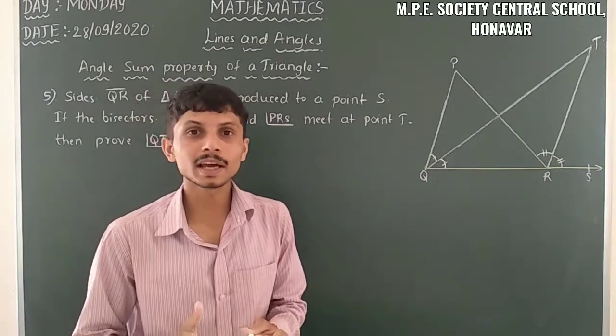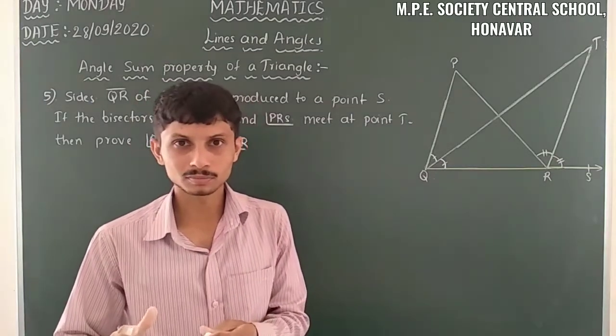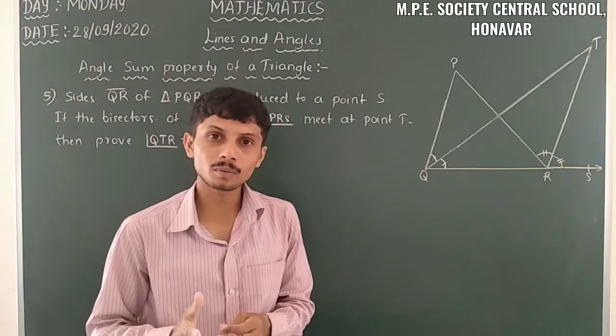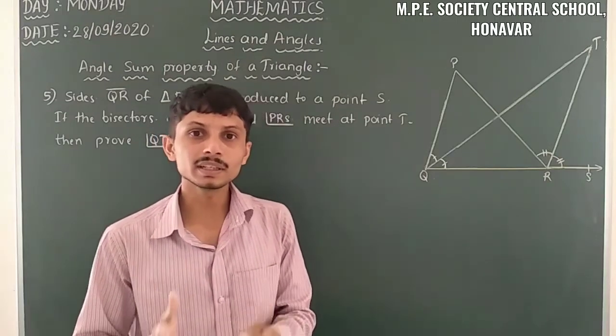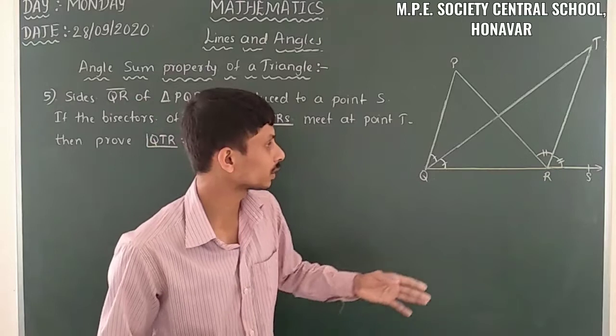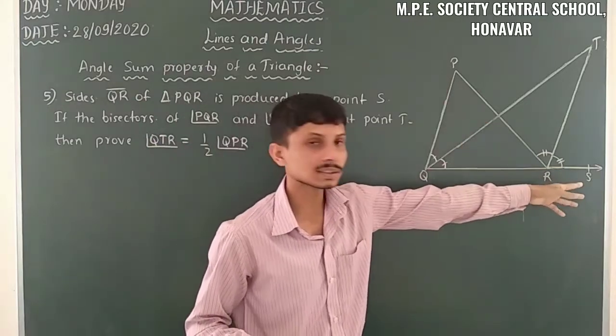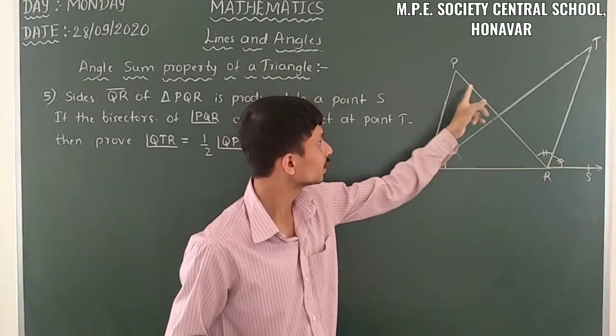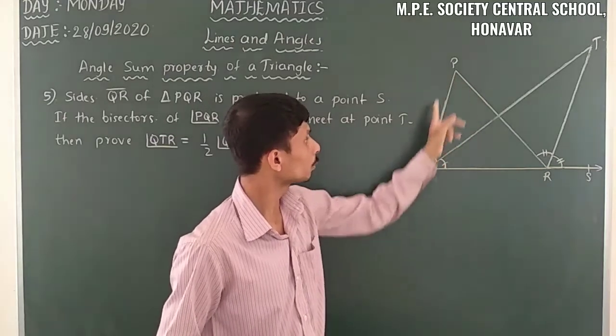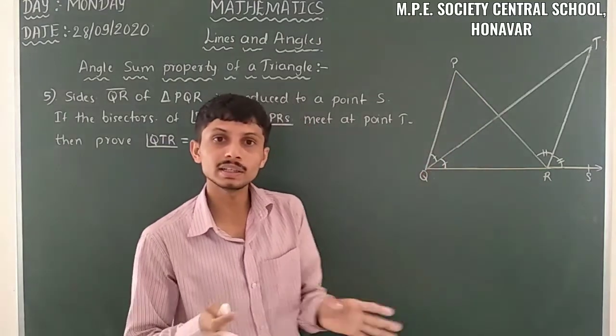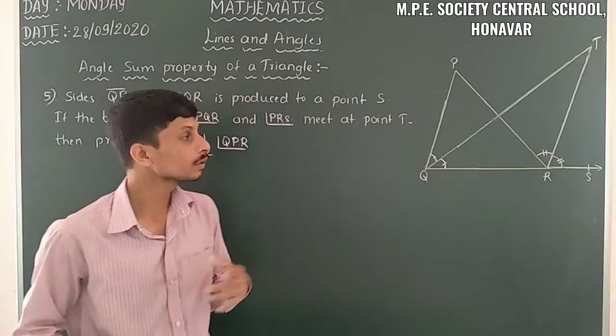That means if a side of a triangle is produced, then the exterior angle formed is the sum of the interior opposite angles. We can use that one. When we take PRS, QPR and PQR are the interior opposite angles, so we can use it.